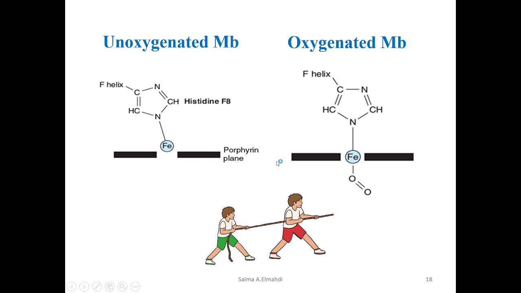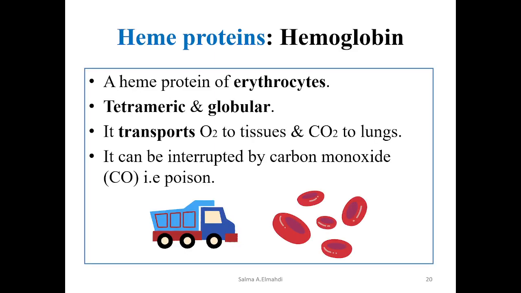With oxygenation, oxygen binds to the sixth coordination position. The ion is pulled within, and now it is almost at the same level of the porphyrin ring. This small movement is very crucial to the function of the myoglobin molecule as a whole.